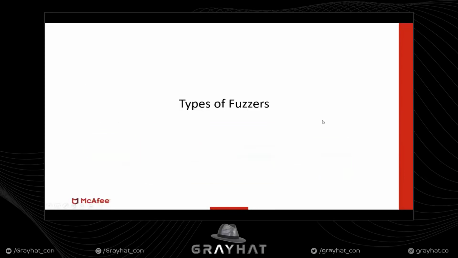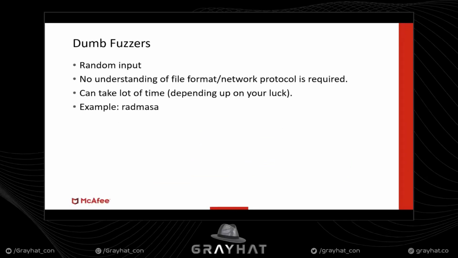So let's go ahead and see what the different types of fuzzers are. First, let's see what dumb fuzzers are. Dumb fuzzers generate random input and they don't have any understanding of the file format, the network protocol or the application which you want to fuzz. They will simply generate random inputs, feed them to the program and monitor it for crashes.